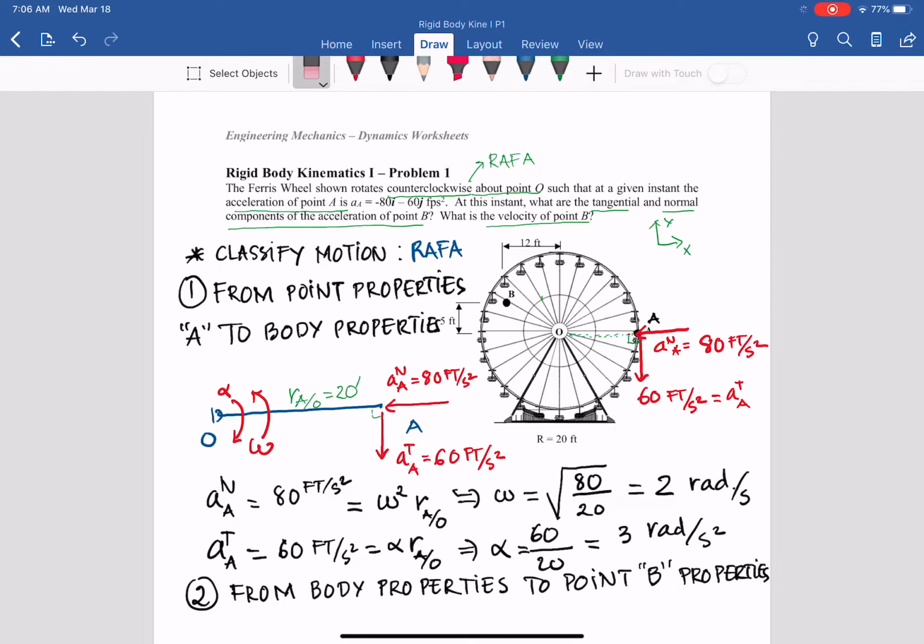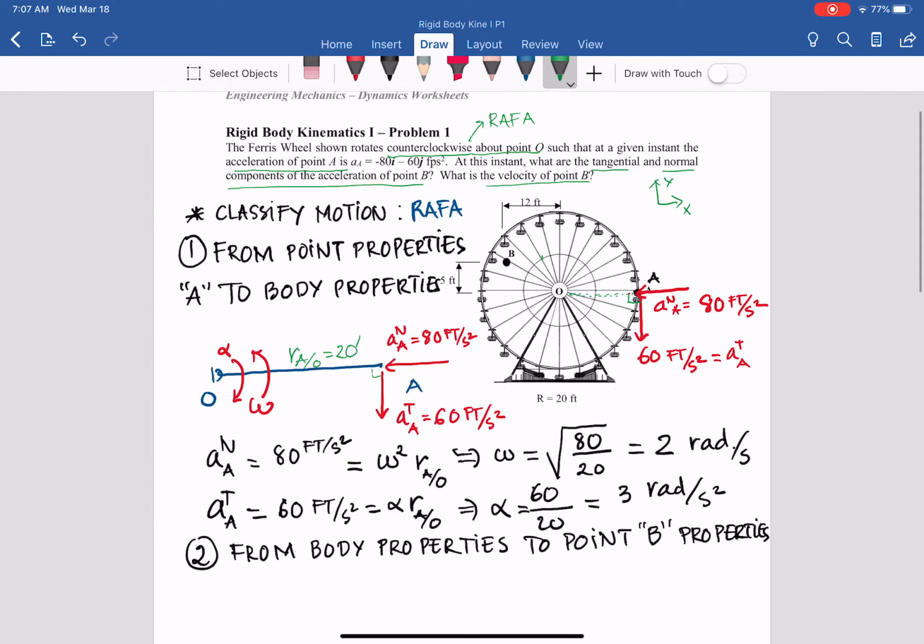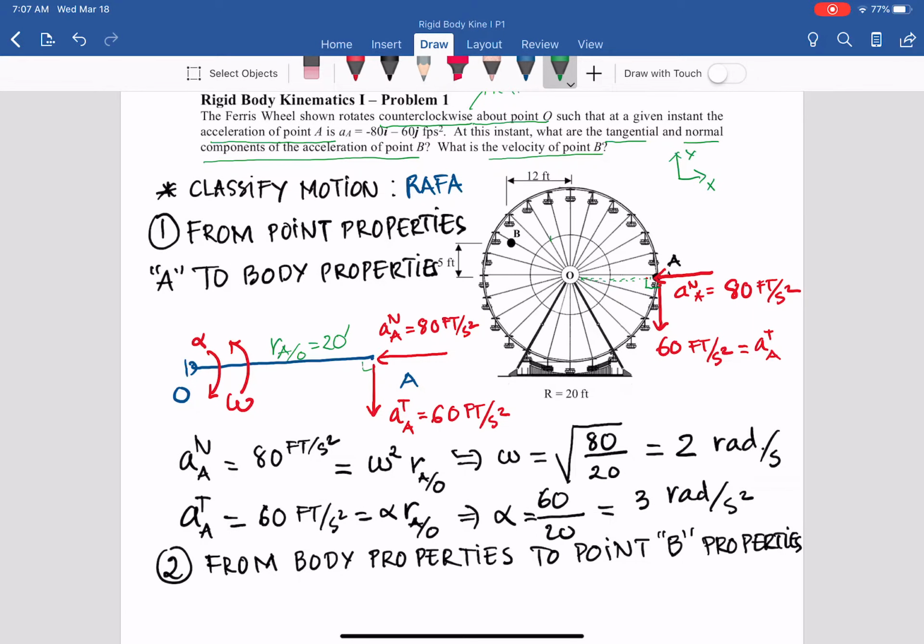So you see the second part of problem 1, rigid body kinematics 1, where we want to find the point B properties from the body properties. In the previous video, we moved from the point properties of A to the body properties of the Ferris wheel, and we found the body properties.